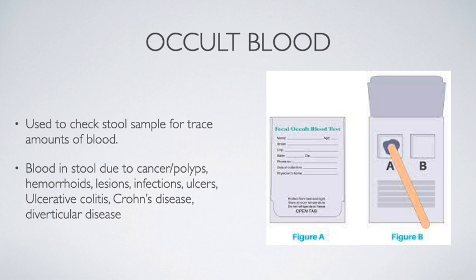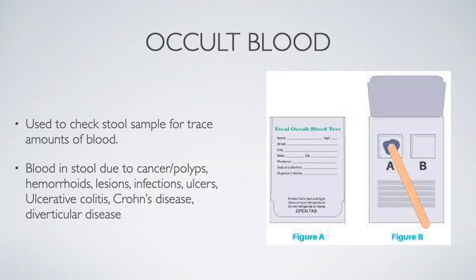to do that. Another common disease you'll see on a lot of our test questions is going to be C. diff causing blood in stool, cancer, polyps, hemorrhoids, lesions of the intestine, certain types of infections, ulcerative colitis, Crohn's disease, and diverticular disease.